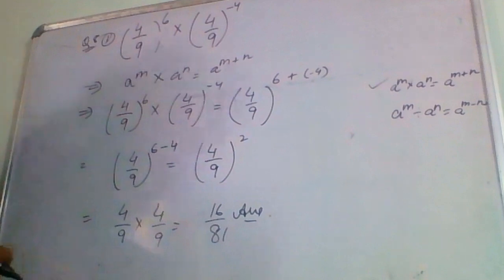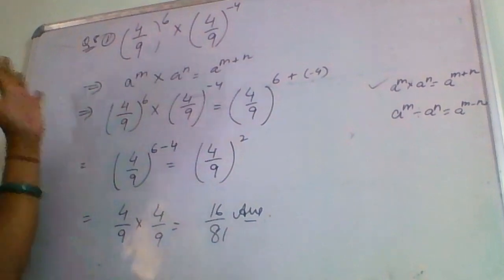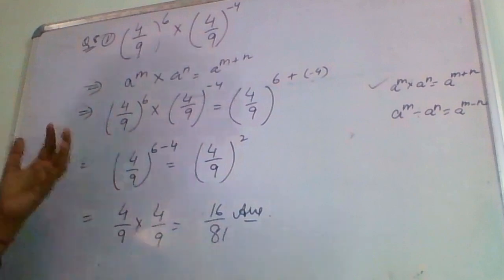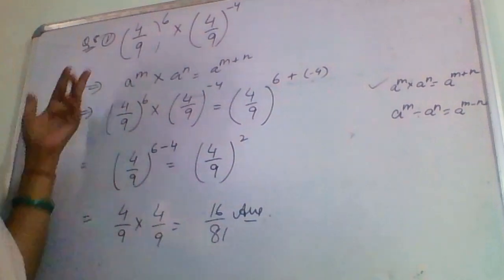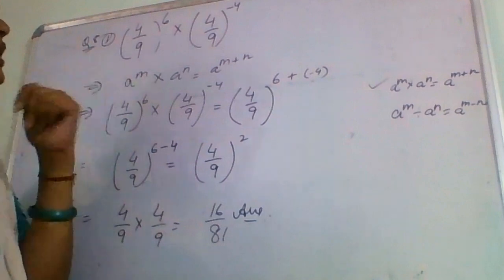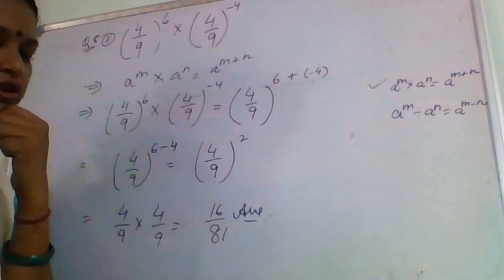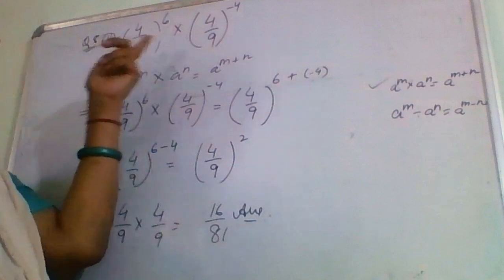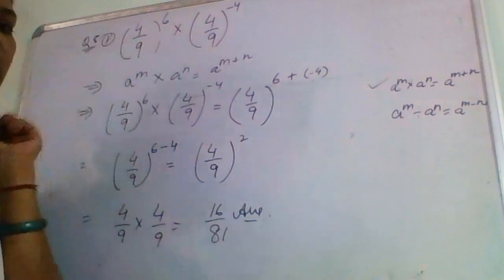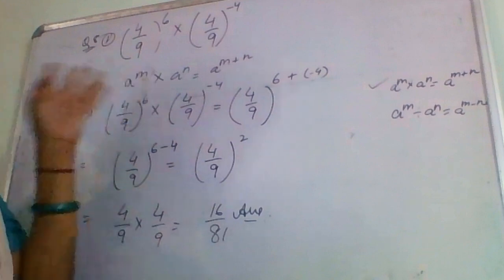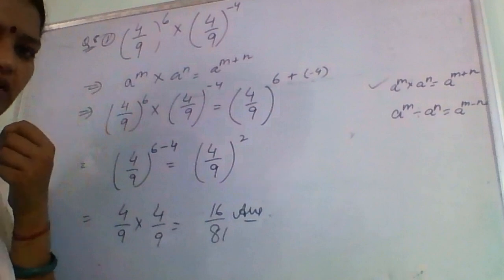Okay. So this is by applying laws of exponent. Here also you can have the question like that. We can solve it just by the expansion form as we have done in the previous question. But no students, because here the bases are same, we have to apply the laws of exponent. If we are not applying these laws of exponent, then what is the use of reading laws of exponent?